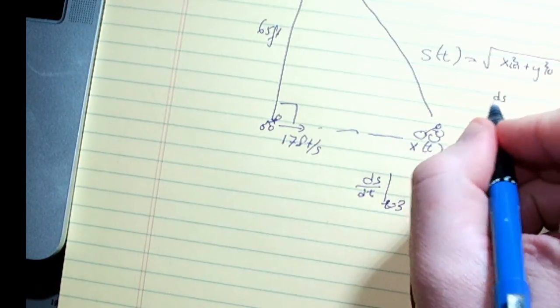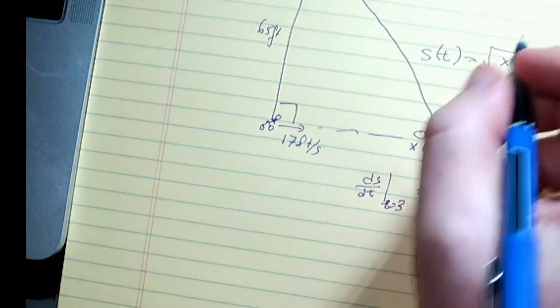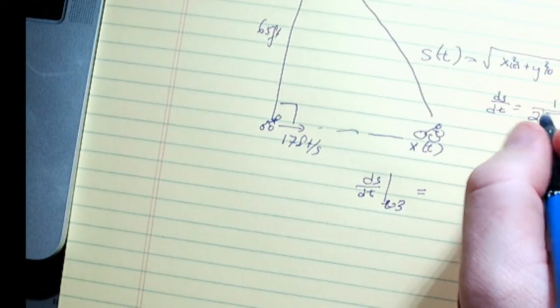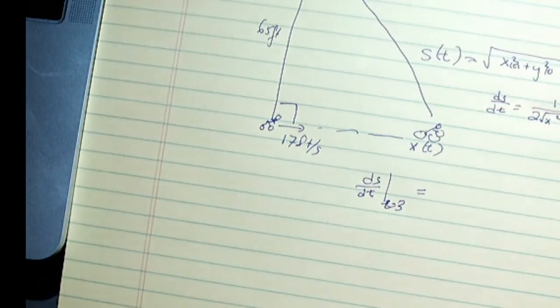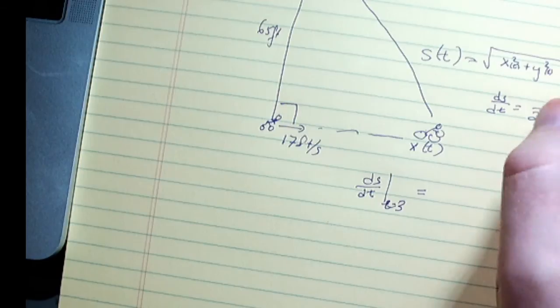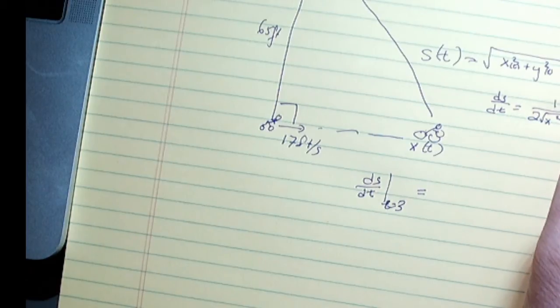So ds/dt is equal to 1 over 2 times the square root, just use chain rule like always, 1 over 2 times the square root of x squared plus y squared, times, now because of the chain rule, you have to take the derivative of what's inside, 2x dx/dt plus 2y dy/dt.